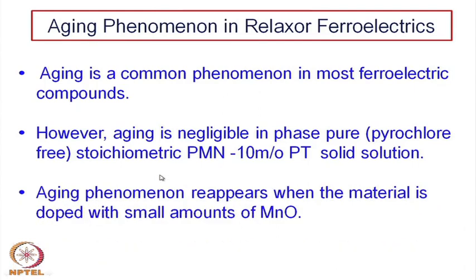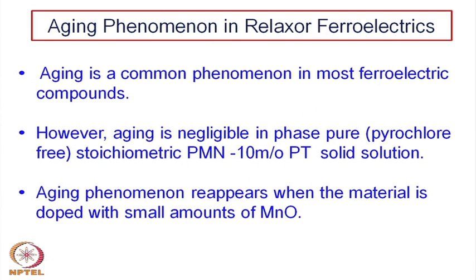In fact, one of the reasons why it is a better actuator material than PZT is its aging characteristics. Aging is a common phenomenon in most of the ferroelectric compounds, whereas in case of Relaxor Ferroelectric, aging is negligible in phase pure, particularly pyrochlore free stoichiometric PMN, and it is much better when it is made a solid solution with 10 mole% of PT.